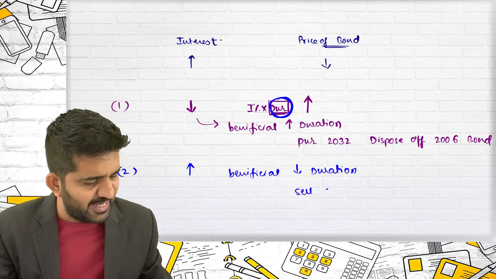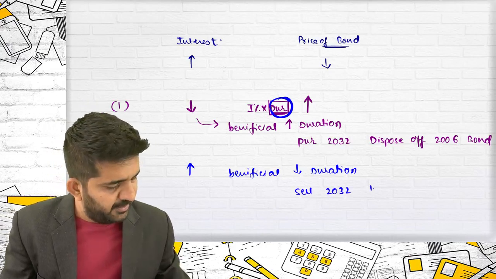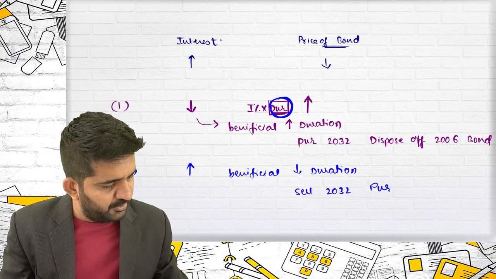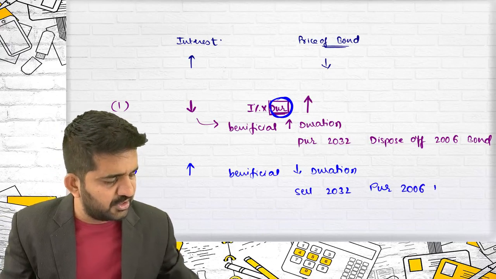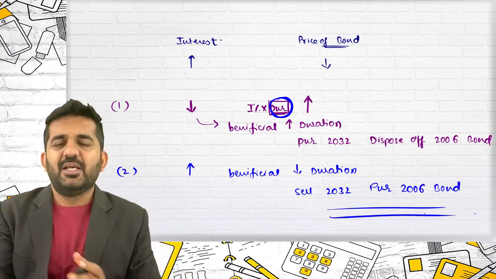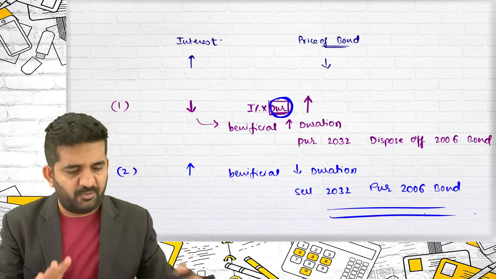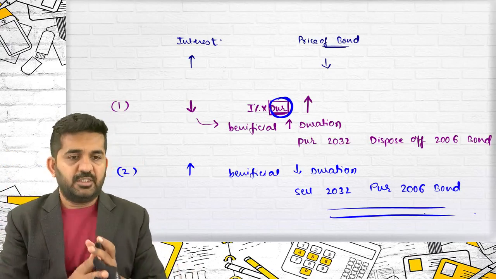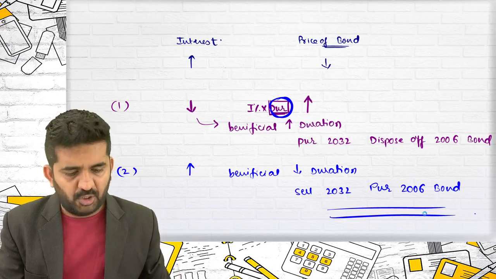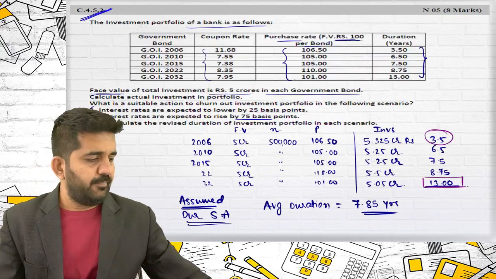So I will sell the 2032 bond which has higher duration, and I will purchase the 2006 bond which has lower duration. This is not linked to anything but security analysis, so I have kept this question here. This is how we solve this type of question, that is C 4.5.2. By this, we complete the concept of portfolio management.